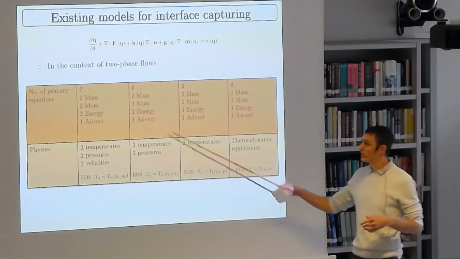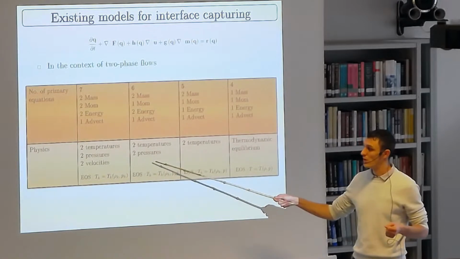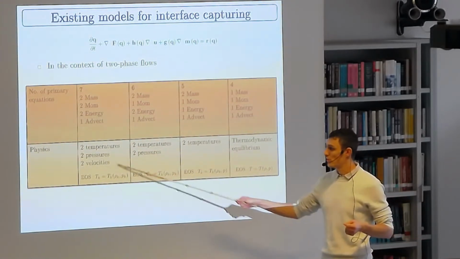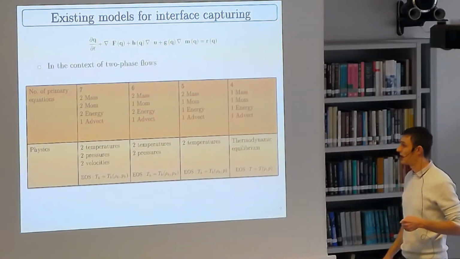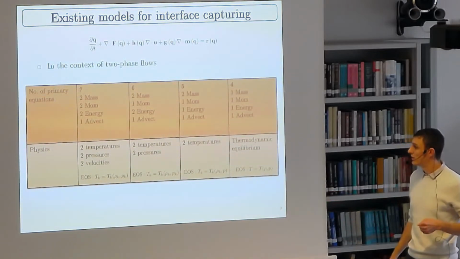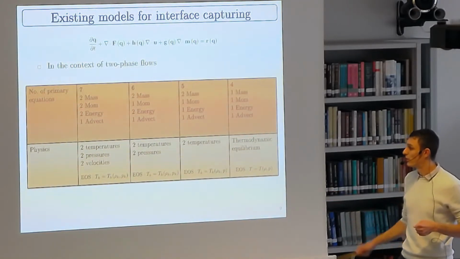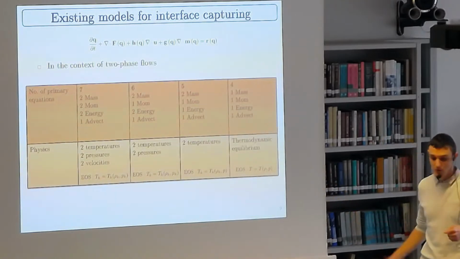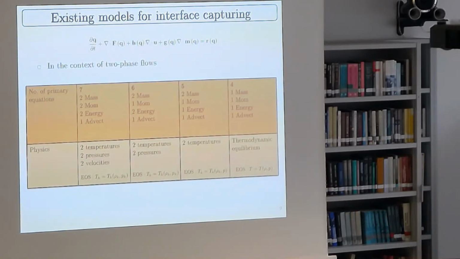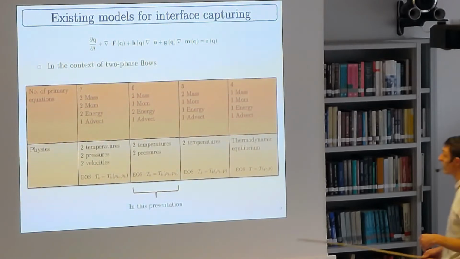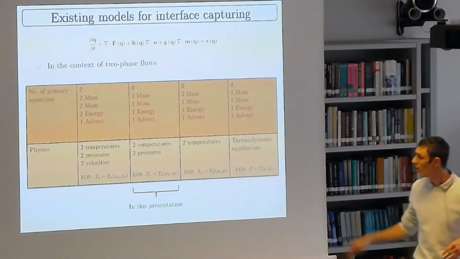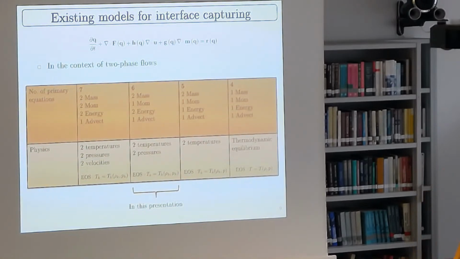And if you go to the 6 equation model, you have now just temperature and pressure disequilibrium, so there is a velocity equilibrium this time. The 5 equation model now has an equilibrium of pressure, and then complete thermodynamic equilibrium for the last one. In this presentation, I will focus on the 6 equation model and show a little bit the equations related to this.